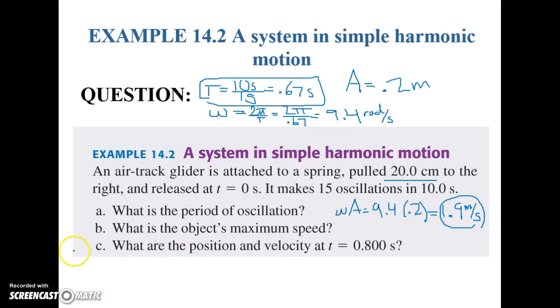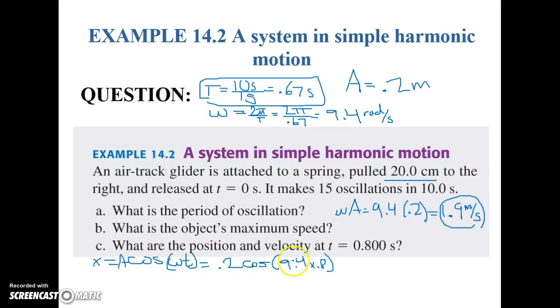And then the position and the velocity. The position is just x equals A cosine of omega t. We want to do it at 0.8 seconds, so my A is 0.2, and then I have the cosine of 9.4 times 0.8.